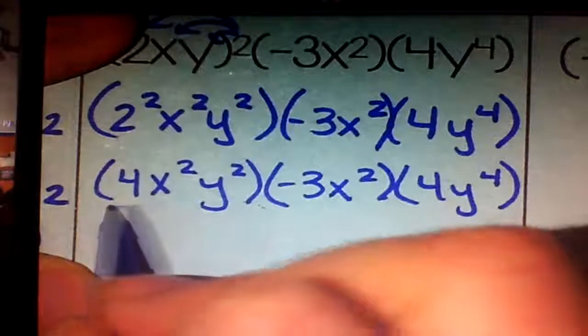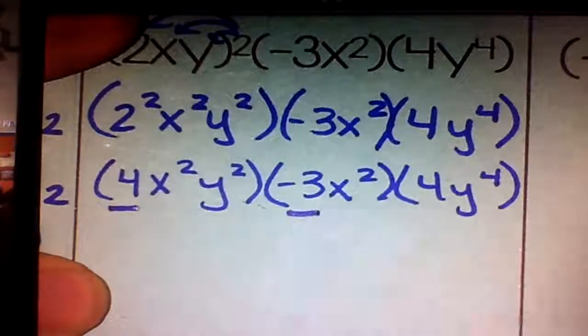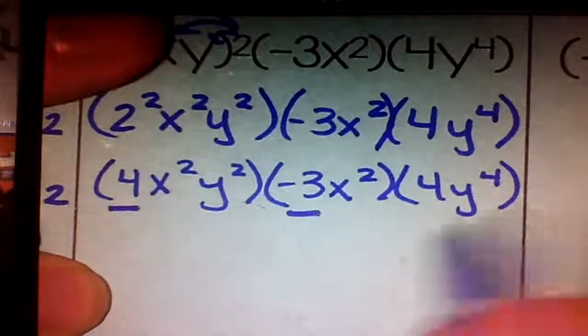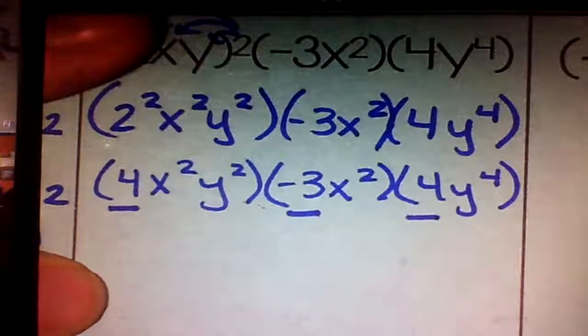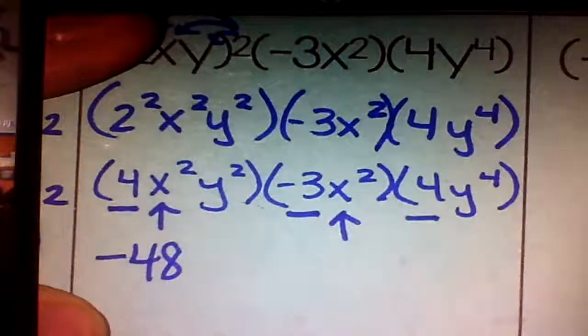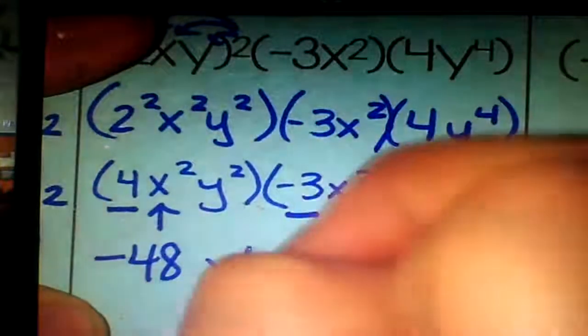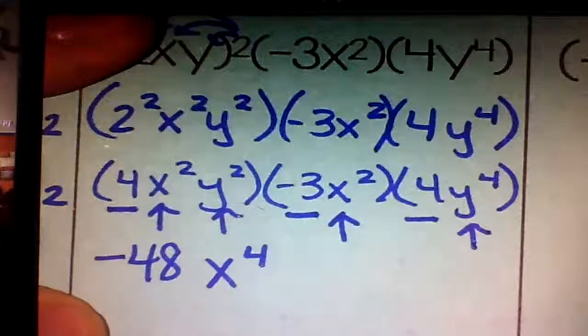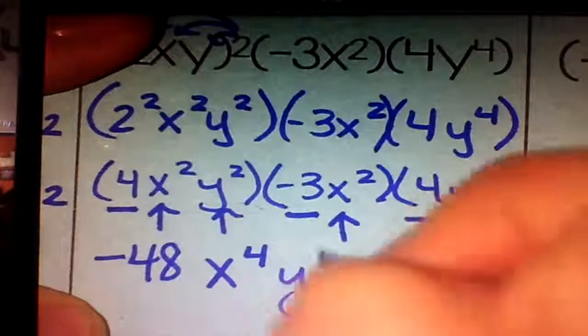I would start with your coefficients. 4 times -3 times 4. -48. X squared times x squared, x to the 4th. Y squared times y to the 4th, y to the 6th.